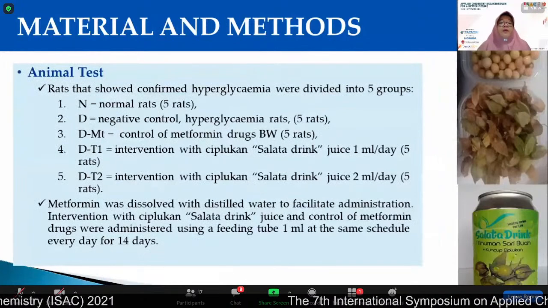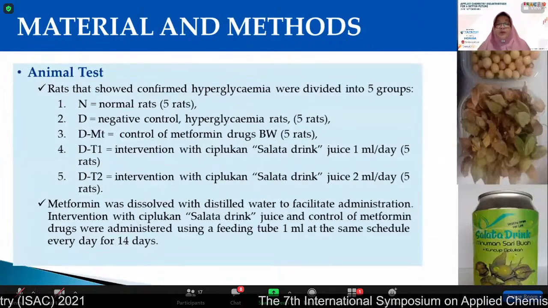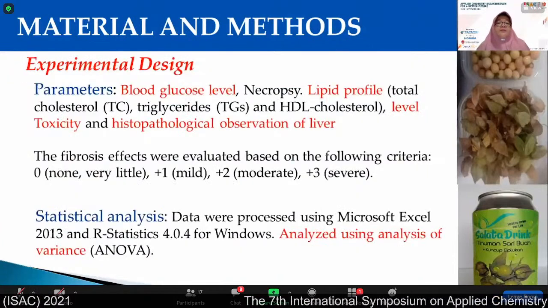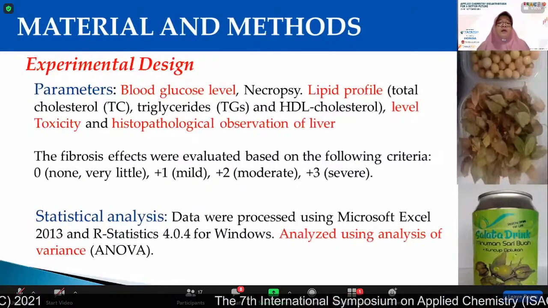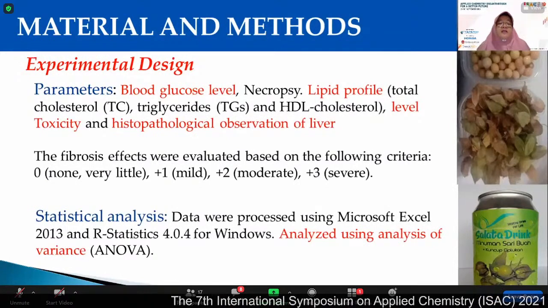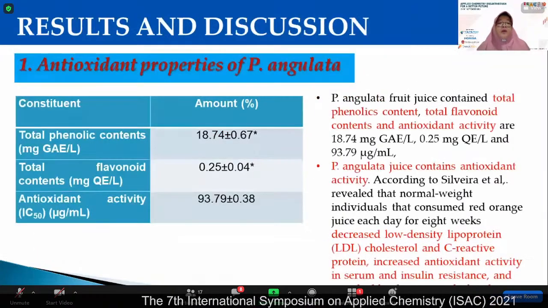Rats with confirmed hyperglycemia were divided into 5 groups. Experimental parameters: blood glucose level, lipid profile, liver toxicity level, and histopathological observation of the liver. Statistical analysis was done using ANOVA.